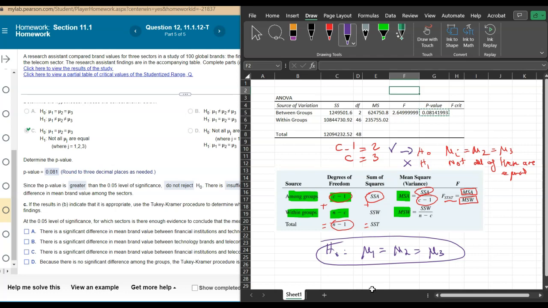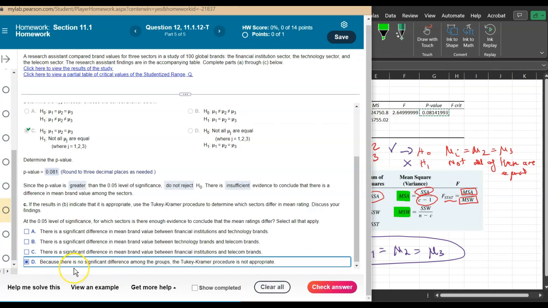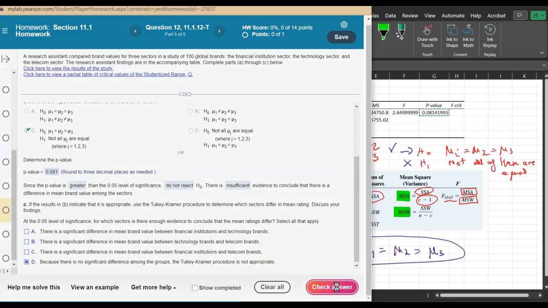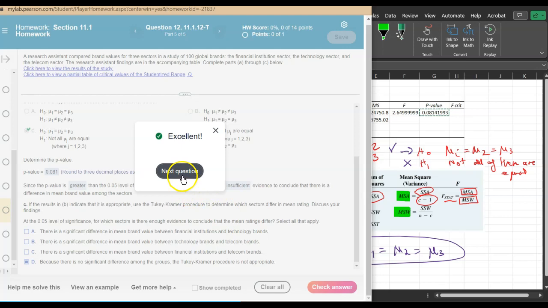In this case, whenever we agree with H0, we don't need to do this procedure at all. So we're going to go with D, because there is no significant difference among the groups. The Tukey procedure is not appropriate, and I think that's all. Okay, done.